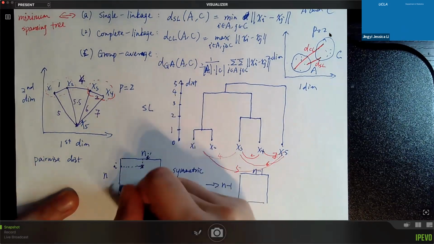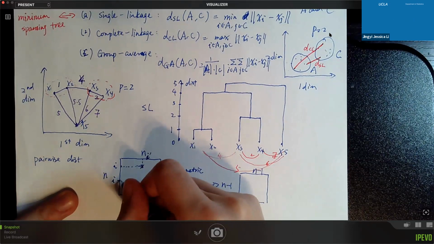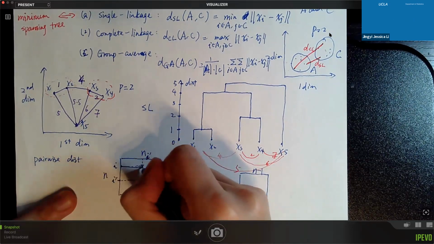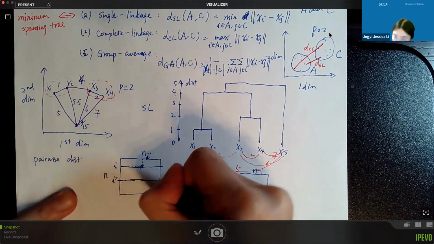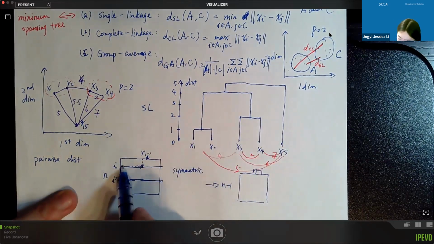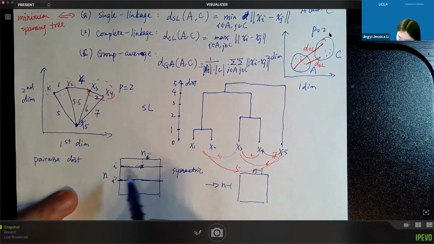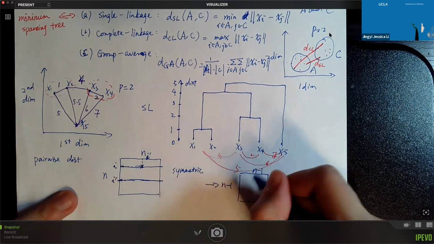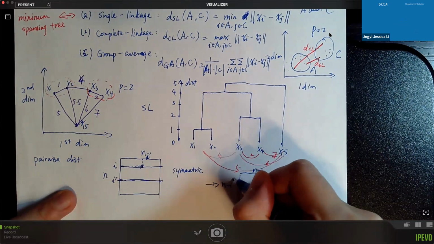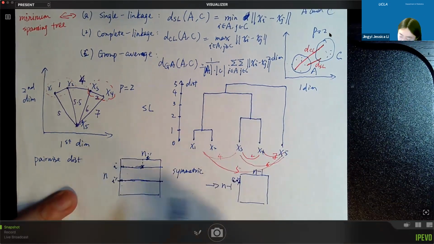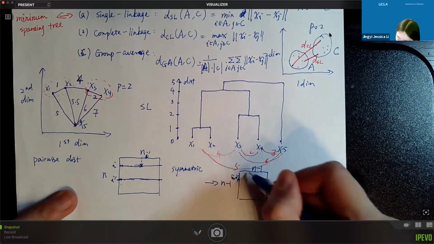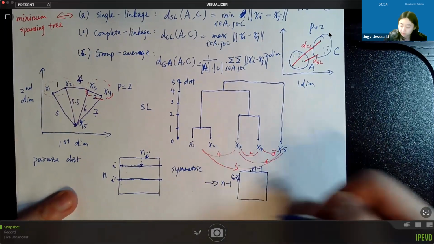Maybe I'll draw it. Let's say this is i prime. You have two rows, and you take the minimum of the two numbers in each column and put that new number into the new row corresponding to i and i prime. You pick the minimum for single linkage. And you do that symmetrically for the corresponding column because it's always a symmetric matrix.